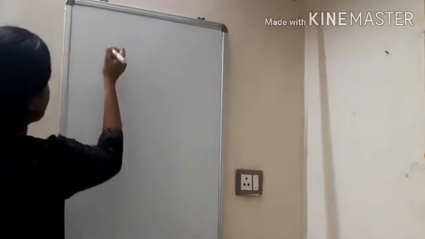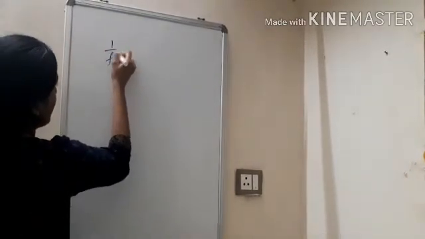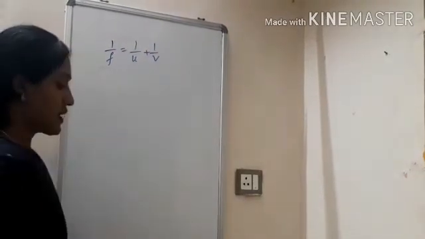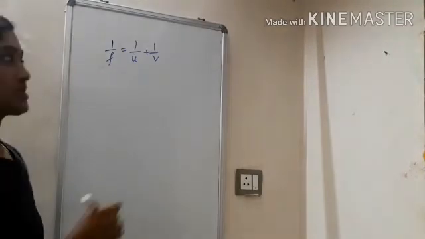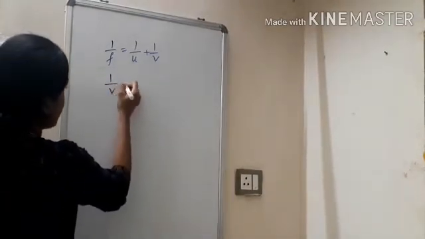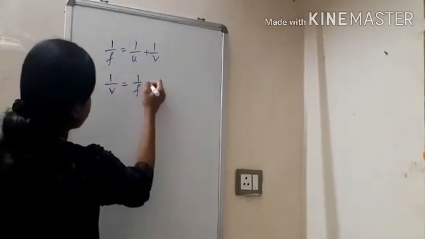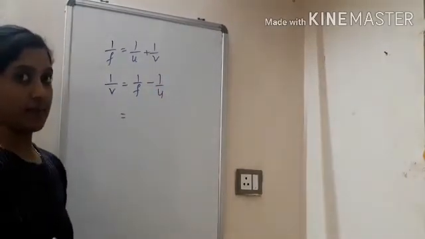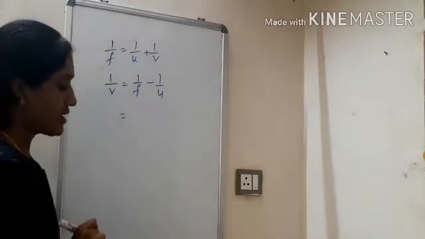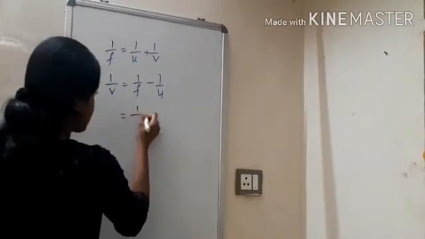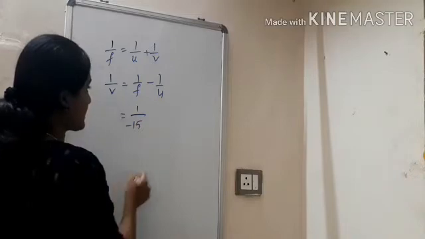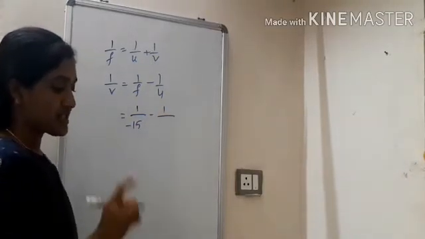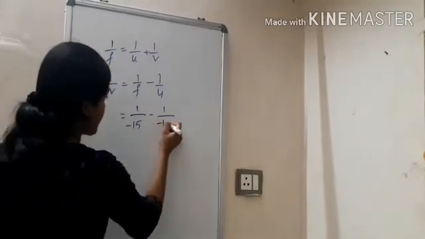So I'll write the mirror formula, 1 by f is equal to 1 by u plus 1 by v. We have to find out the image distance, right? So according to that I will arrange the formula. Here they gave the focus in front of the mirror, so that is negative 15 centimeter, minus the object distance they gave, that is minus 10 centimeter.